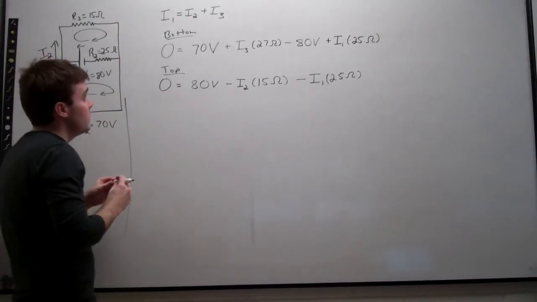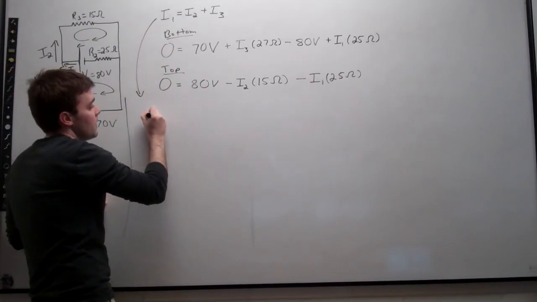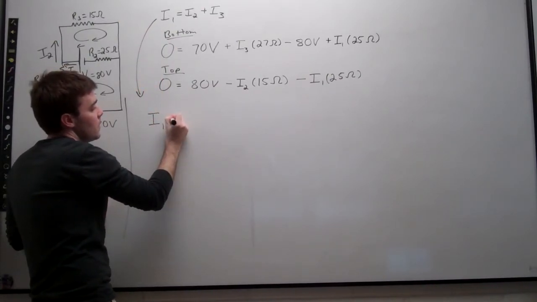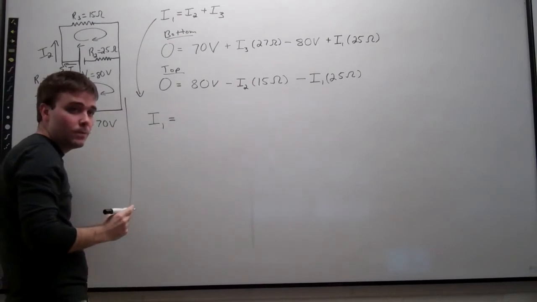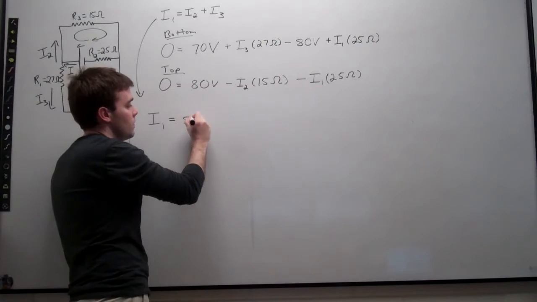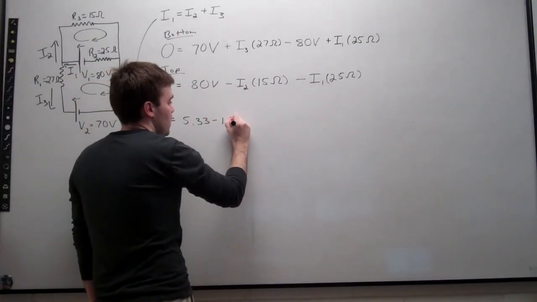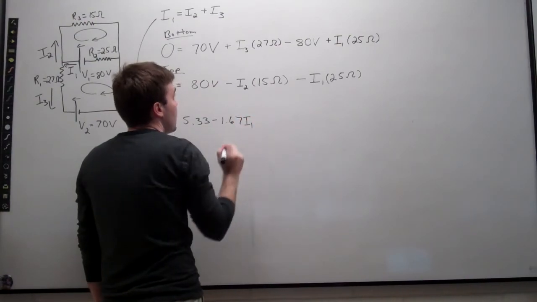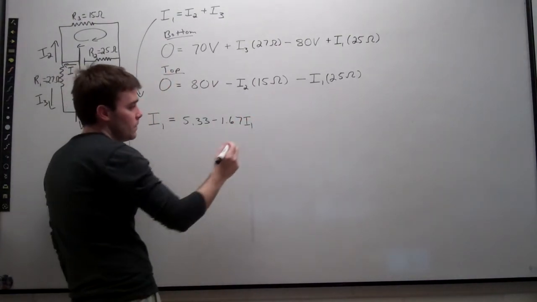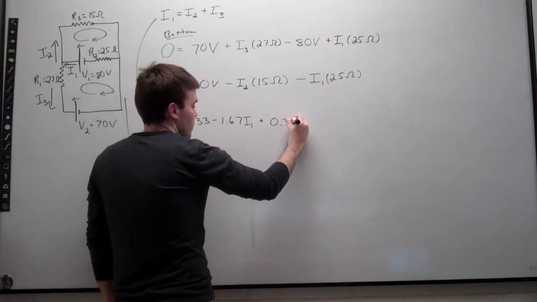Now we're going to substitute into this equation. So we get I1 equals, what did I2 equal? 5.33 minus 1.67 I1. And what did I3 equal? 0.37 minus 0.93 I1.